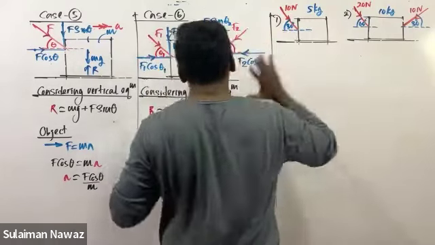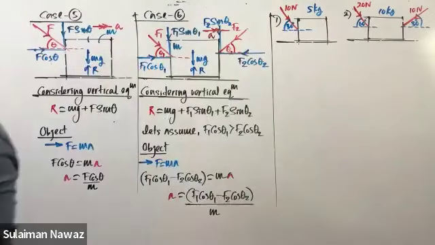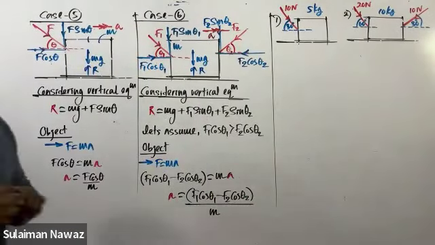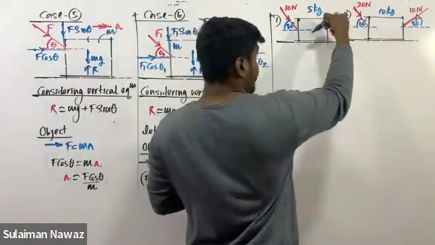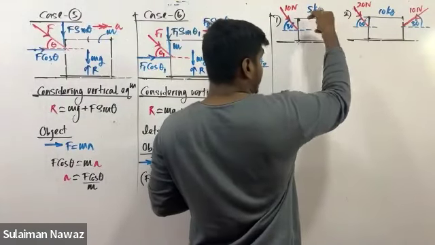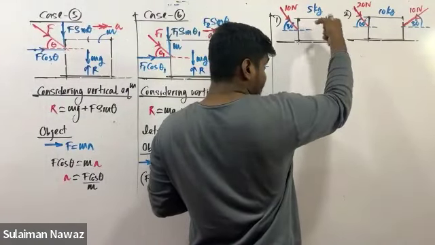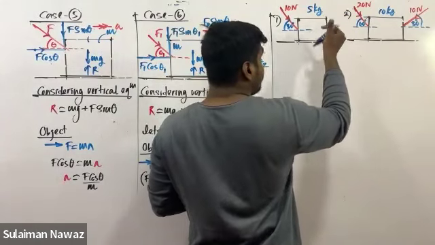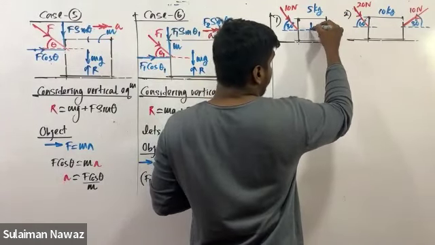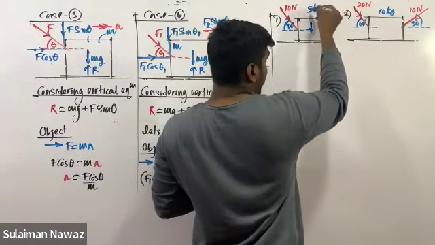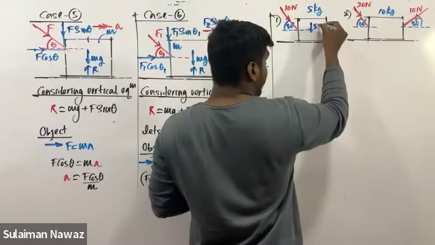Up to now, you have learned two forces: weight and normal reaction. Weight is mg, mass times gravitational acceleration, which is 10. So mg is 5 times 10, weight is 50 newtons.